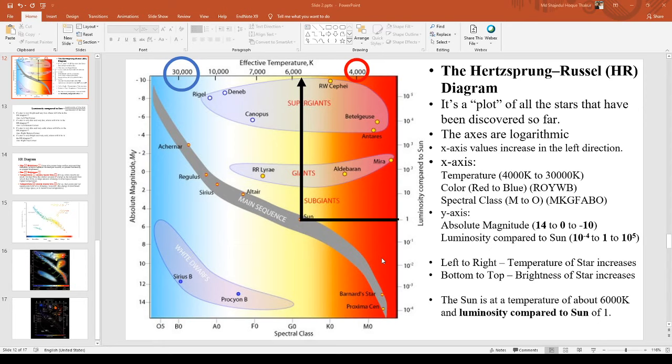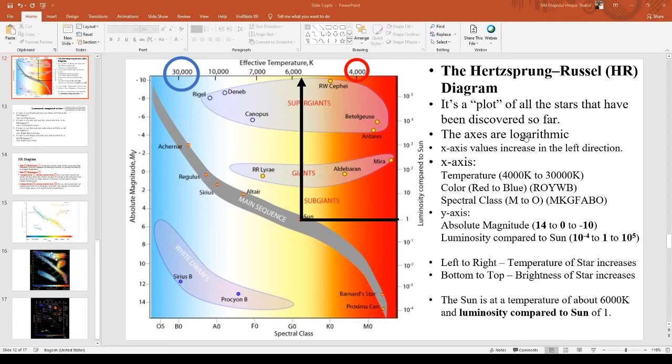Black holes and neutron stars are not usually included in the Hertzsprung-Russell diagram. Black holes are definitely not included because they are not actually stars. Let me check neutron stars real quick in Google.